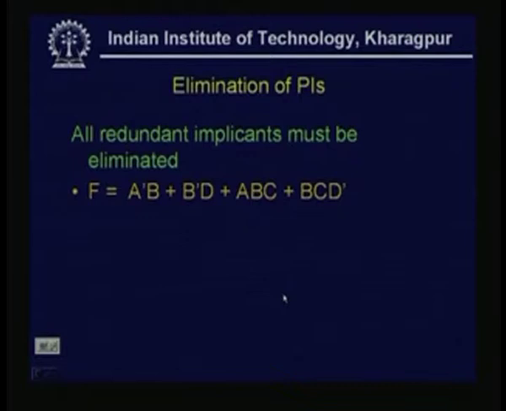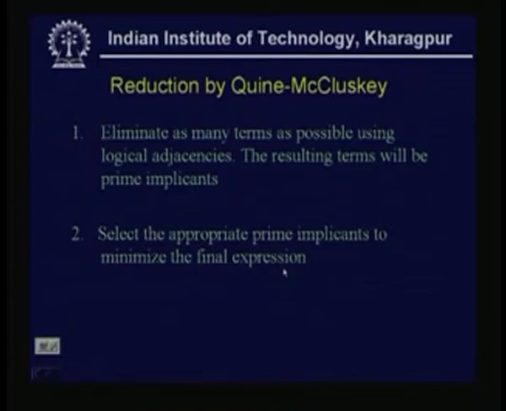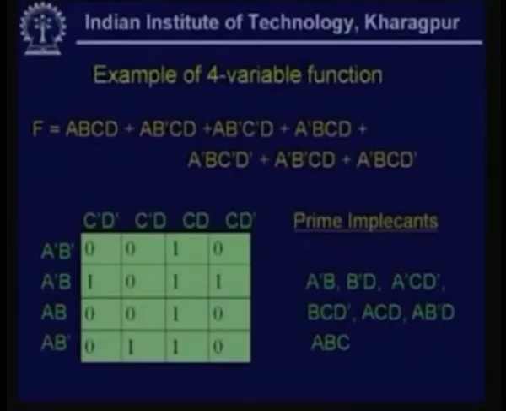Now, if I take another example, say that in the previous page we have seen an example where the prime implicants are, A dash B, B dash D, A dash C D, D dash, B C D dash, A C D, A B dash D and A B C. So, these are the prime implicants.